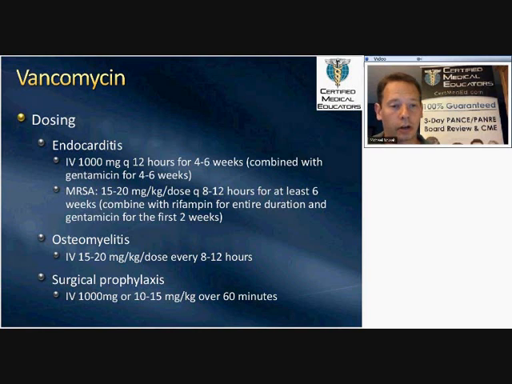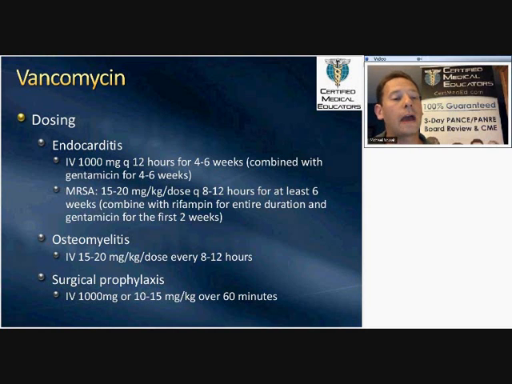Endocarditis, as Dr. Sarton had mentioned earlier, has different subtypes, if it's the native valve versus a prosthetic valve, but generally speaking, about 1,000 milligrams or 1 gram Q12 hours for 4 to 6 weeks. That may be combined with gentamicin for 4 to 6 weeks as well.